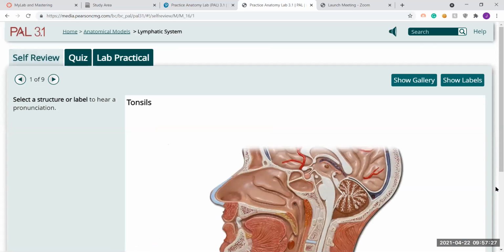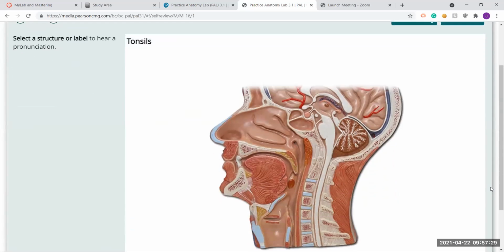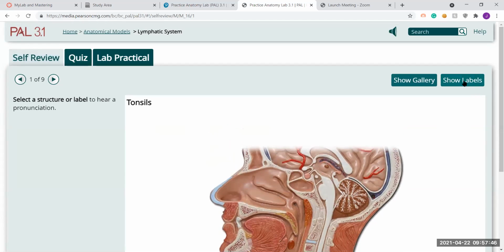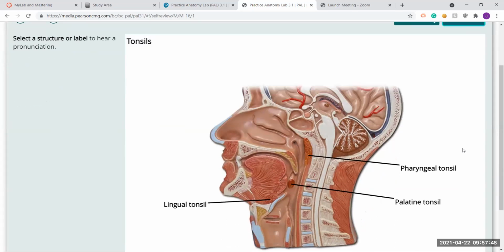Lymphatic system. As you know, I have posted the lymphatic system lecture already. The lymphatic system carries excess fluid from the tissue, which has escaped from the capillaries, back to the heart.